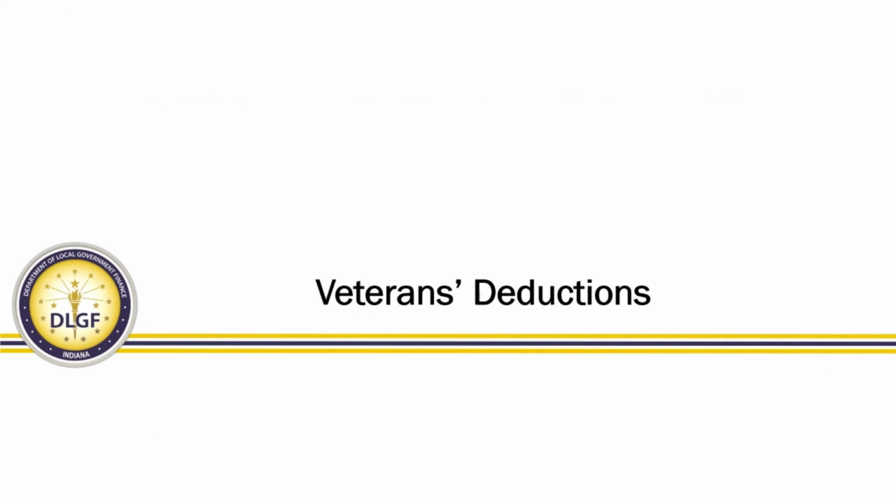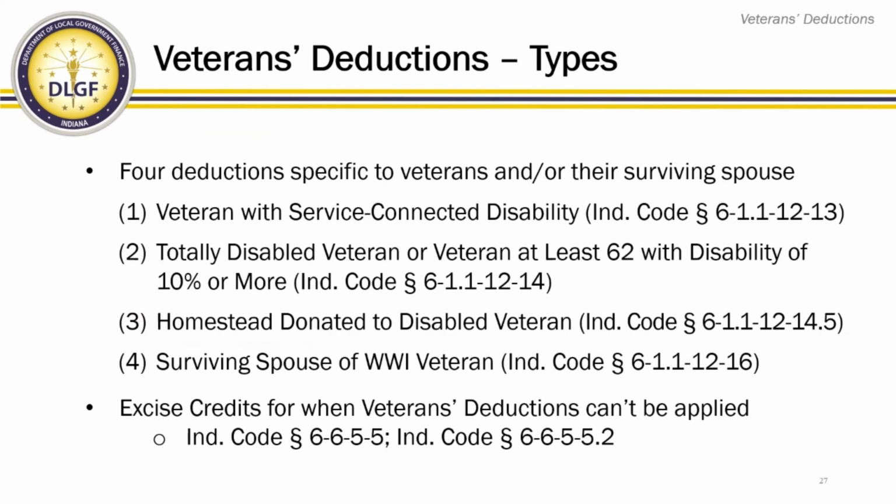So with the veterans deductions, and there are several of them, the two most common ones go under different names, just as a shorthand. The first one is a veteran with a service-connected disability.